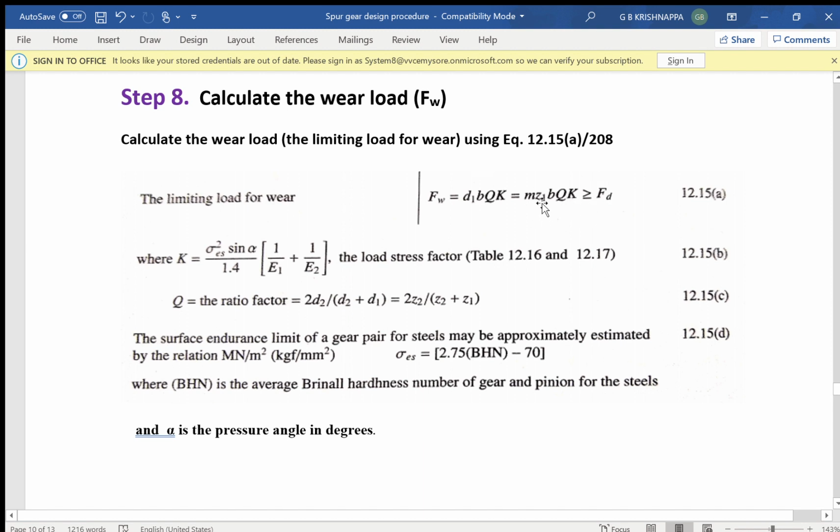If you are not permitted to change M, B can be increased because the ratio actually varies from 9.5 M to 12.5 M. So if M is fixed, you can change the B value, you can increase the face width value.